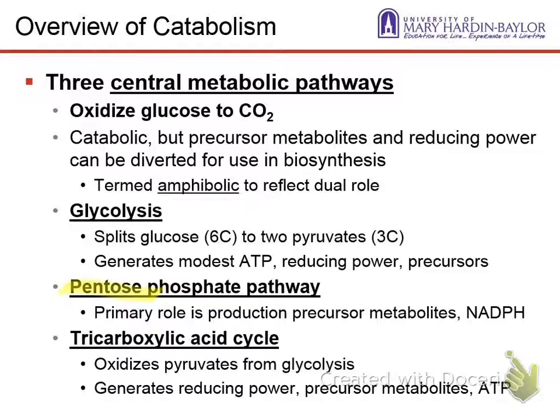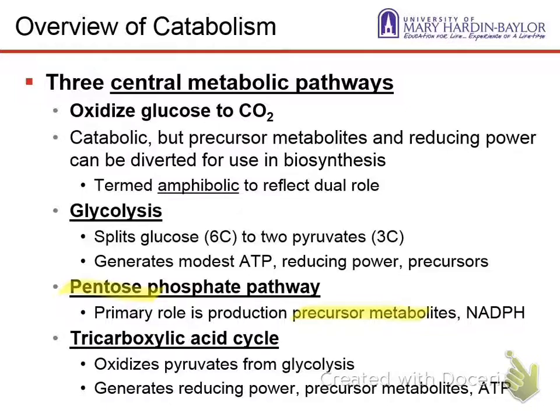DNA, RNA, which part of the molecule? The backbone, right? That ribose or deoxyribose phosphate backbone of the DNA. If it's DNA, it's going to be deoxyribose. If it's RNA, it's going to be ribose phosphate backbone. So that all comes out of there. There's another precursor metabolite that comes out. It's erythrose 4-phosphate, and that one's used to make a couple of different amino acids, including histidine.